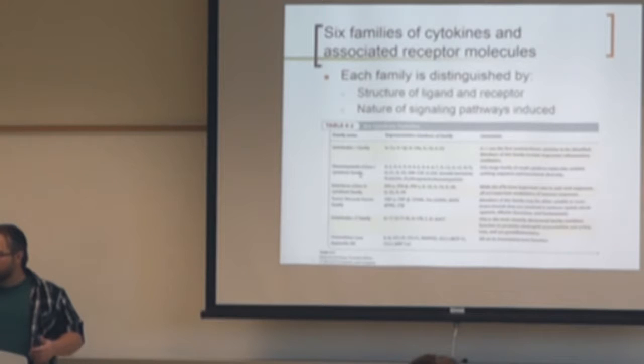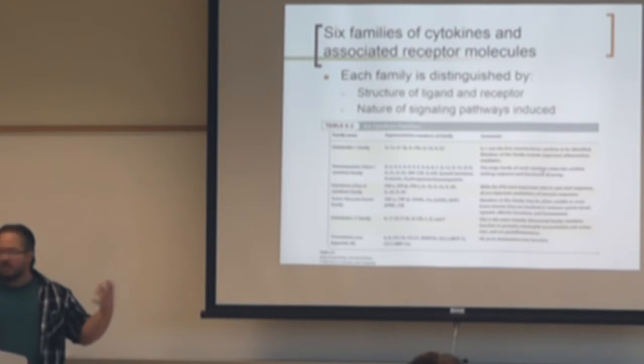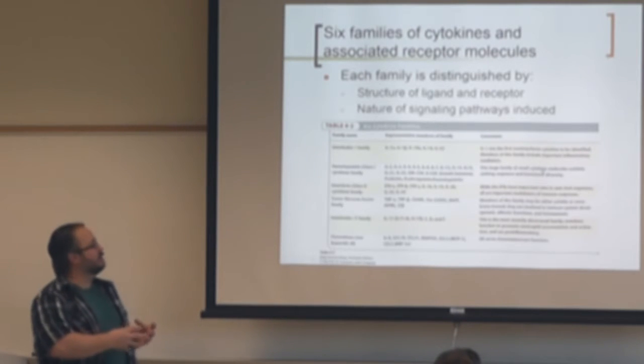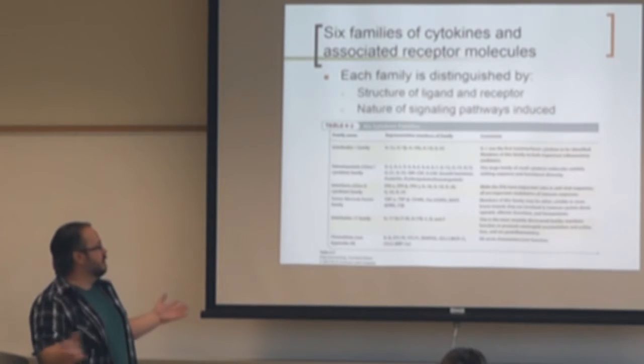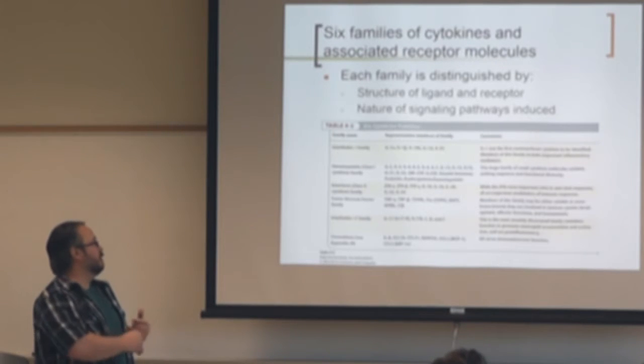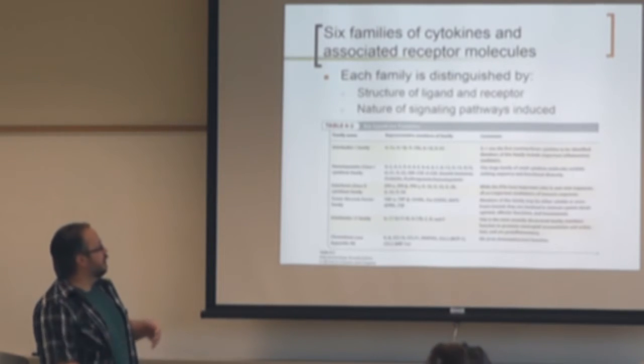So we have our class 1 cytokine family, IL-2. These are small cytokines, but there's a huge array of different cytokines in this family: IL-2, IL-3, IL-4, IL-6.